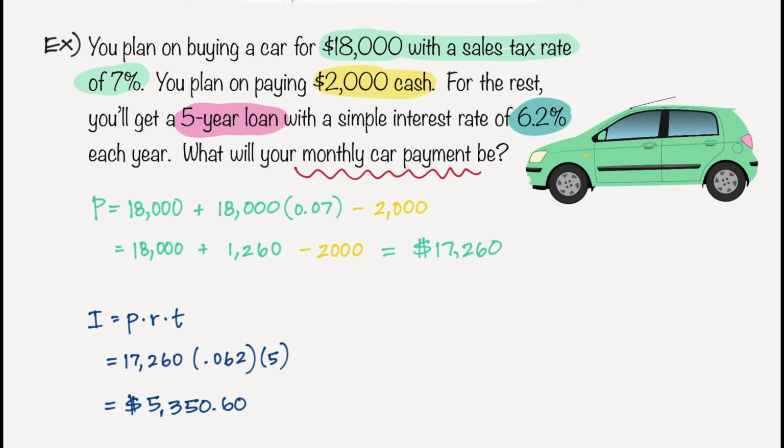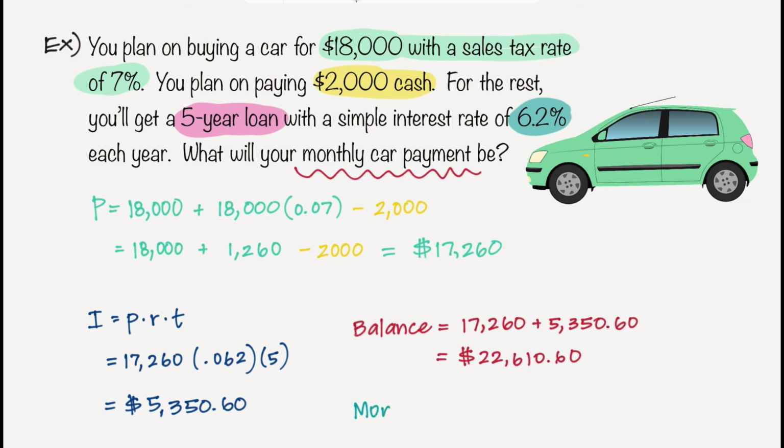Ooh, that is a lot of extra money just for borrowing it from the bank. So to find out what my starting balance is of my loan, I would add that $17,260 plus the $5,350.60 for interest, which would mean that by the end of 5 years, I need to pay them back $22,610.60, which is more than the car actually cost.